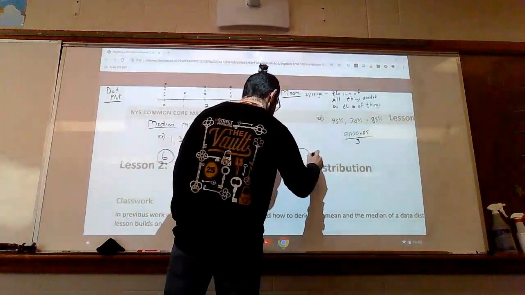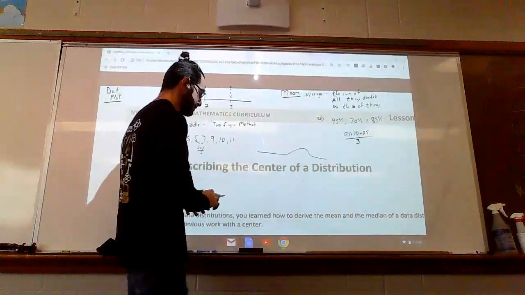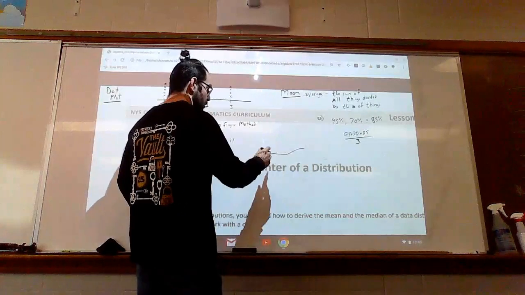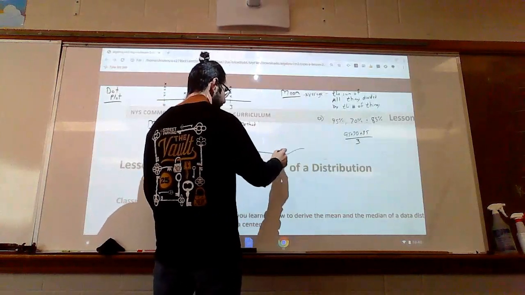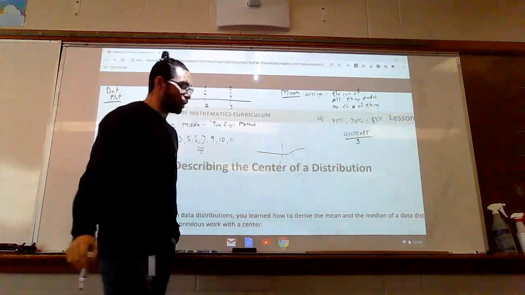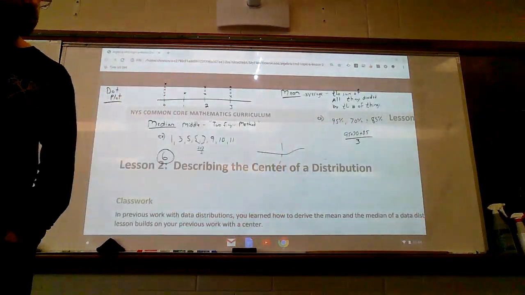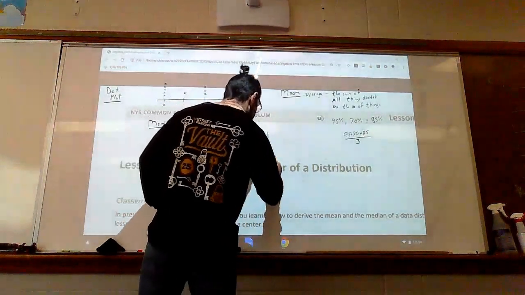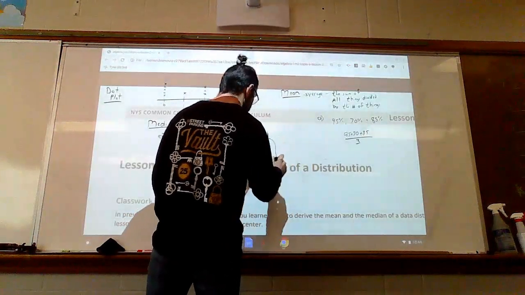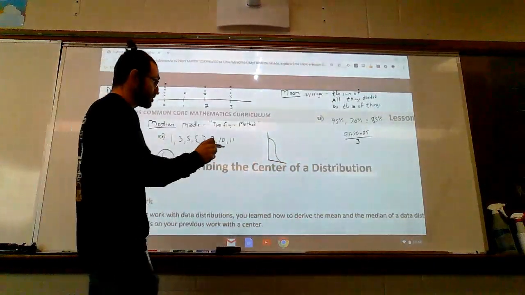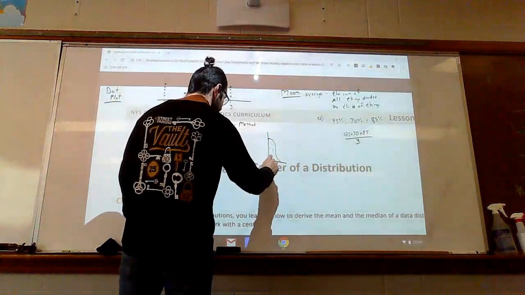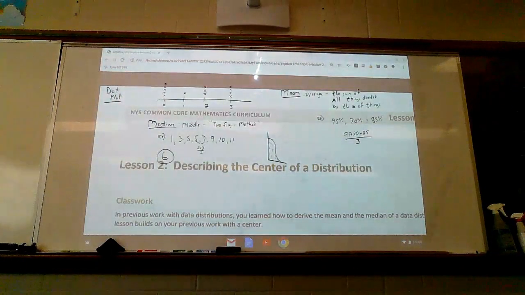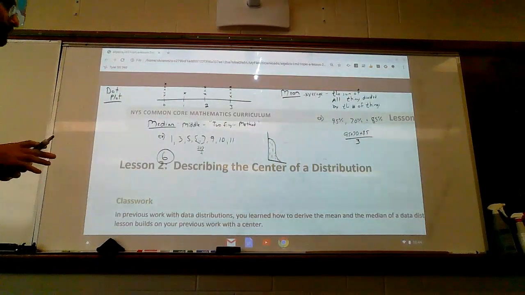If I've got a data set like this, where it's very, very different on one end, that is considered skewed. Or if you have something that looks like this, that is skewed. So this is up high, this is up high, then it gets really low down here. Those are not similar. Those are not symmetrical. We can't cut it and fold it onto each other.